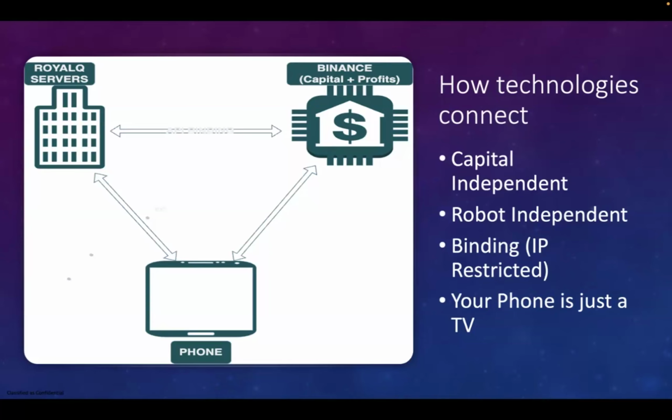Yes, that money that you have trading in RoyalQ in floating loss is not actually in RoyalQ. It's in your exchange. So even if your robot expires today, the money you are trading with the robot is still in your exchange. You can go there and sell it and have control of your money.